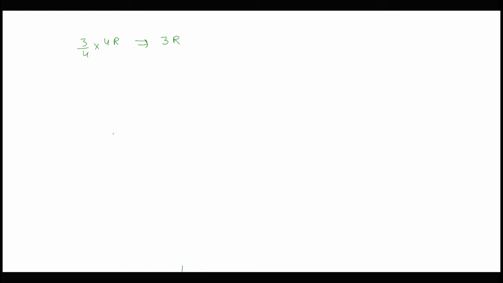So now I can say that if this is equivalent to the wavelength lambda, I can equate this energy equal to hc by lambda, and from here we can calculate the required wavelength, which is equal to hc by 3 Rydberg. So this is the expression we are looking for.